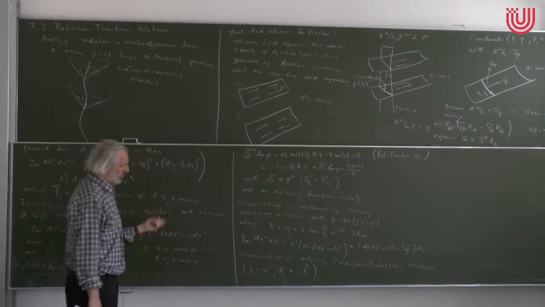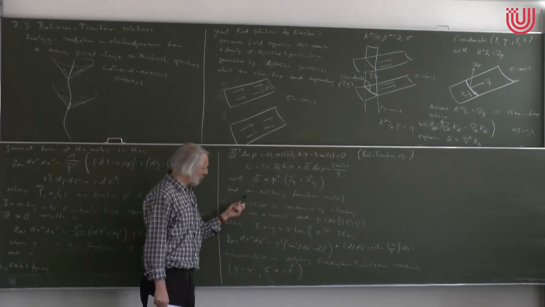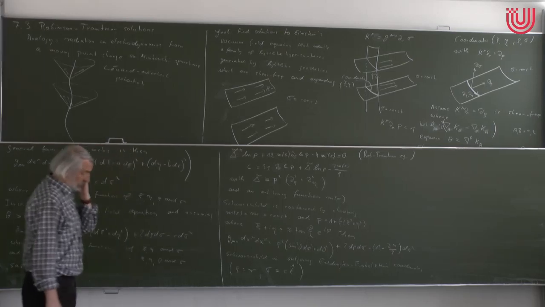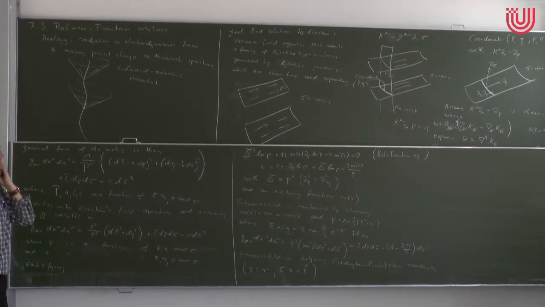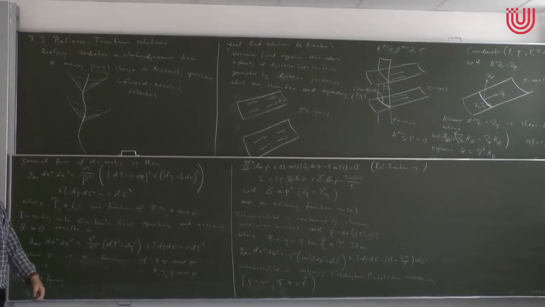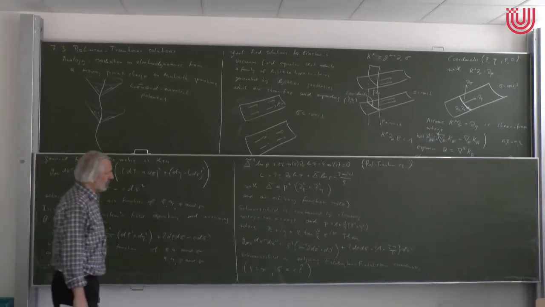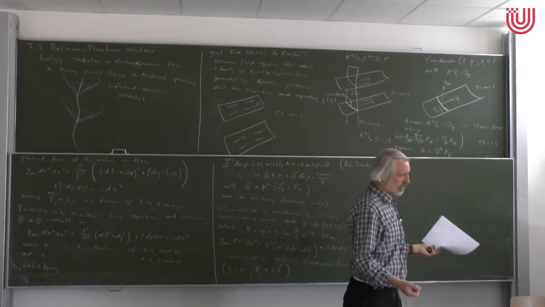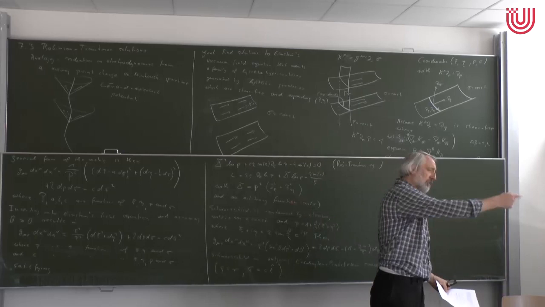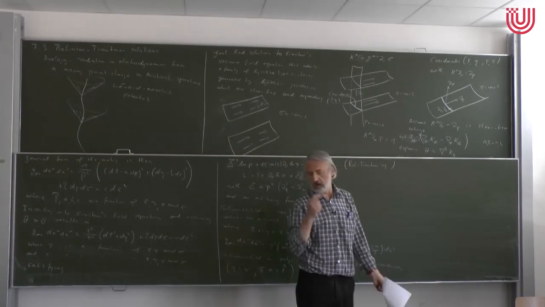Okay, I mentioned only Schwarzschild as a special case. Those of you who know the C metric, this metric of an accelerating black hole, this is also included in this form of the metric. So the C metric is a black hole which is accelerated linearly in a certain direction.